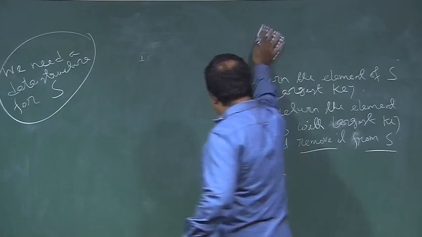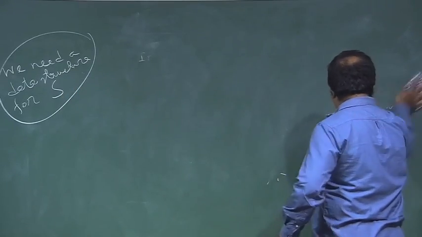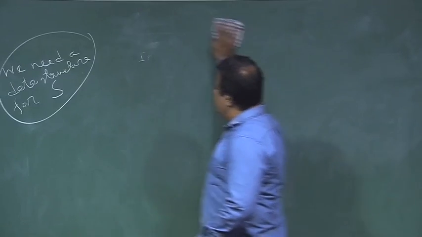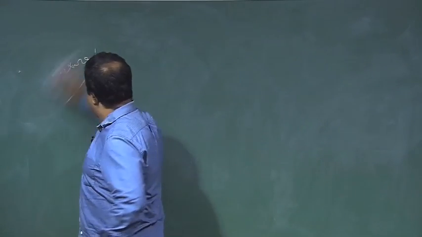So, heap is basically an array, but it is viewed as a nearly complete binary tree.